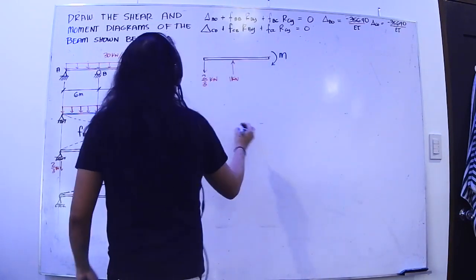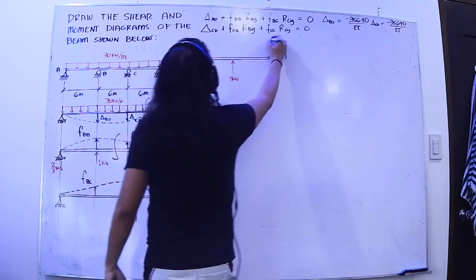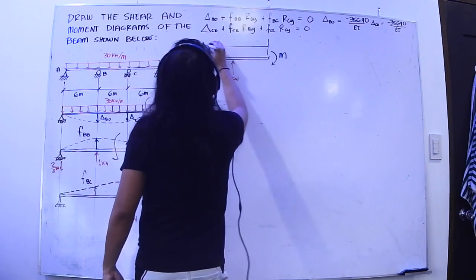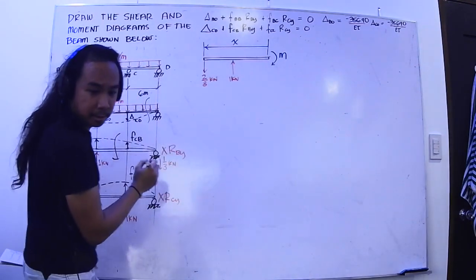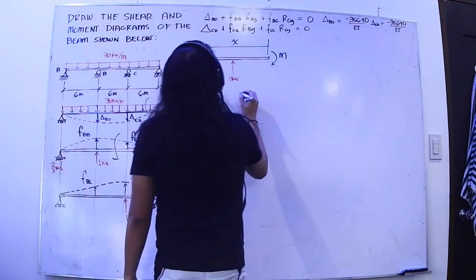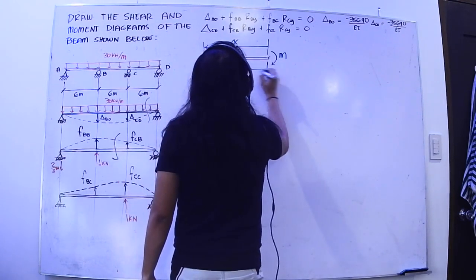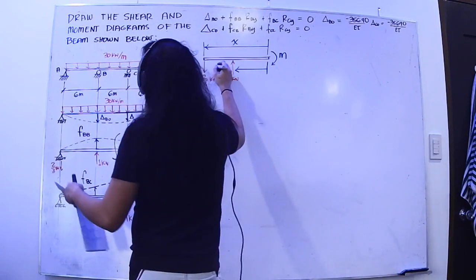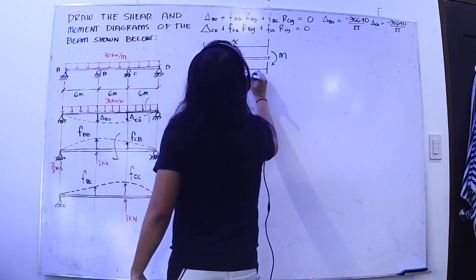Okay? The distance from here to here should be equal to x. That is x. If that is x, then this should be x minus 6.